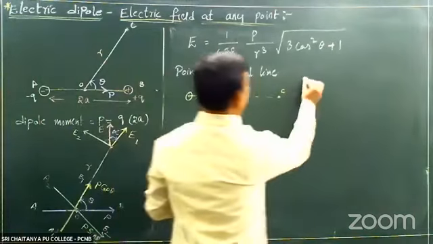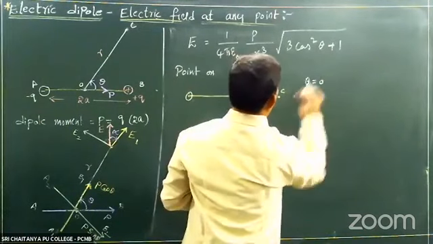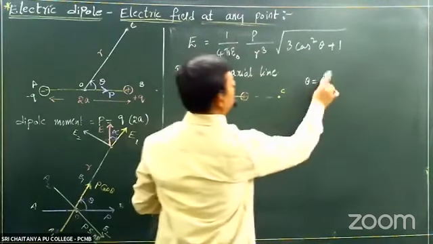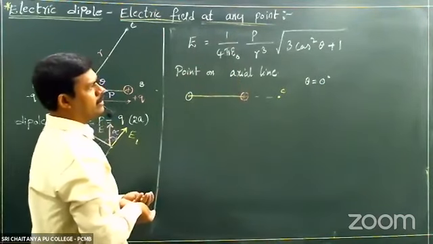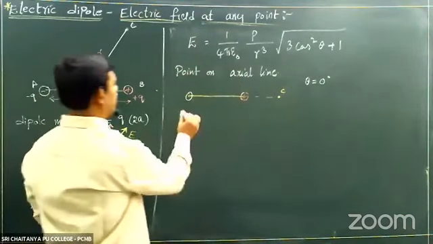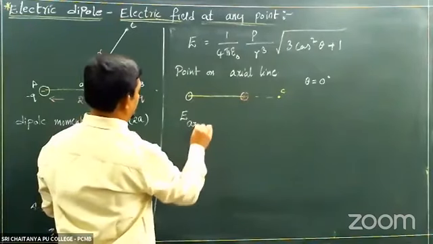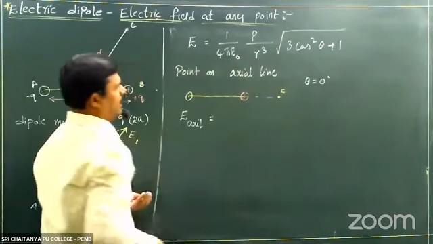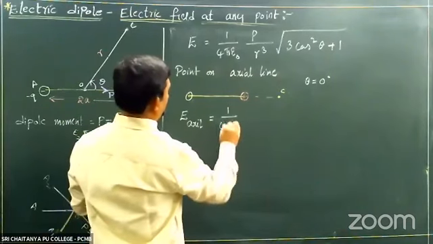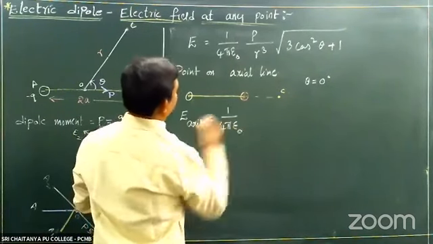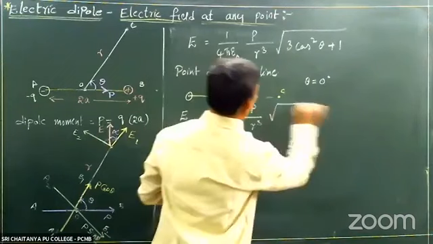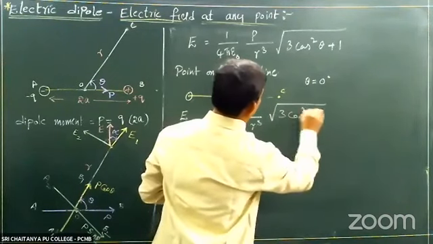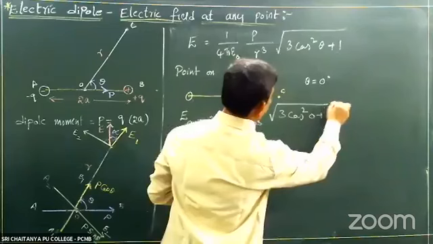So on the axial line, take theta is equal to 0 there. What do you get? E axial is 1 by 4 pi epsilon naught P by R cube root over 3 cos square 0 plus 1.